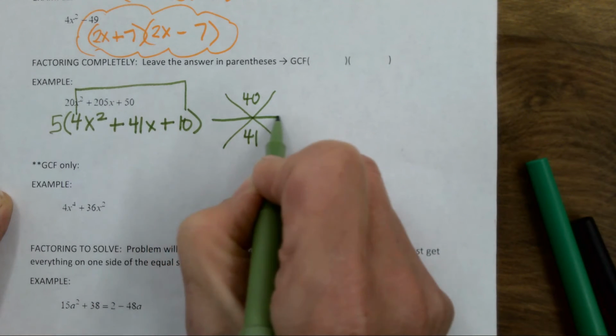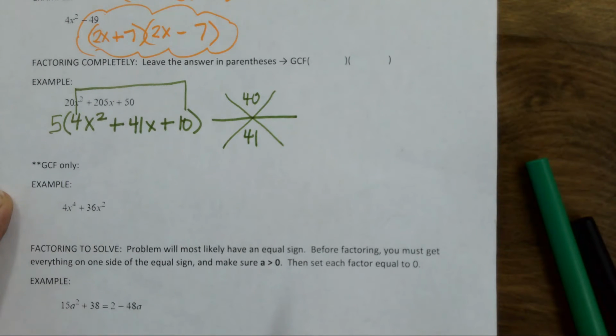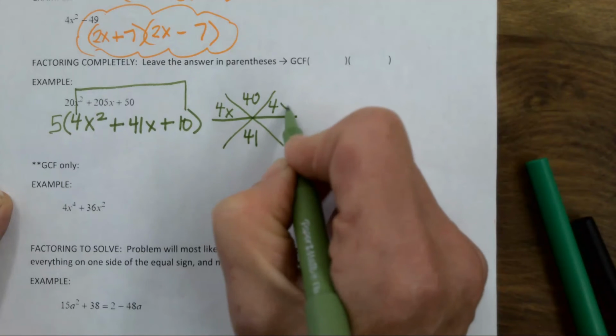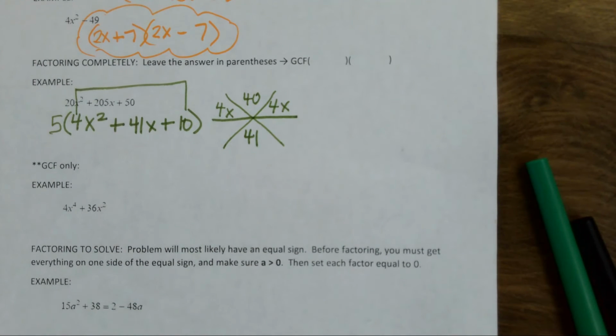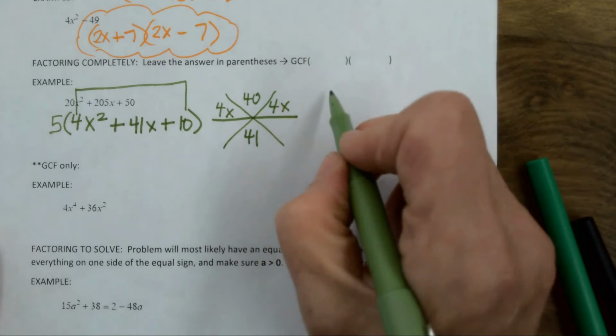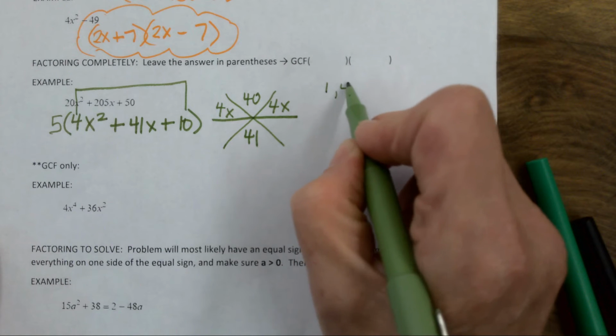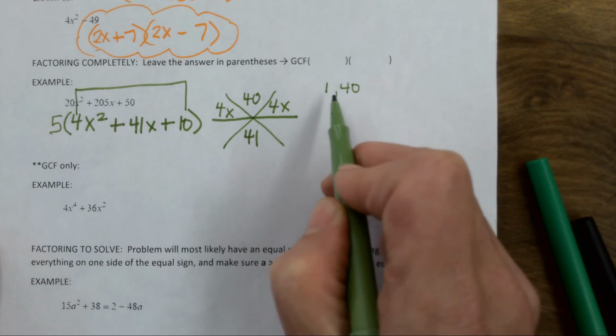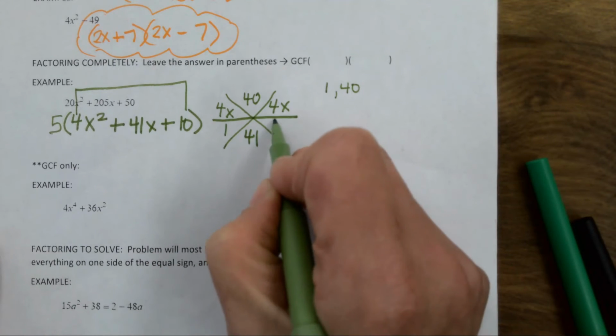I make my wings. I put the 4x and 4x in the upper wings. And then I go through in my brain. I need two numbers that multiply to be 40 and add to be 41. And if I can't think of it right away, I'll start listing the factors. Well, it turns out the very first factor pair that I can list is the one that I'll use.